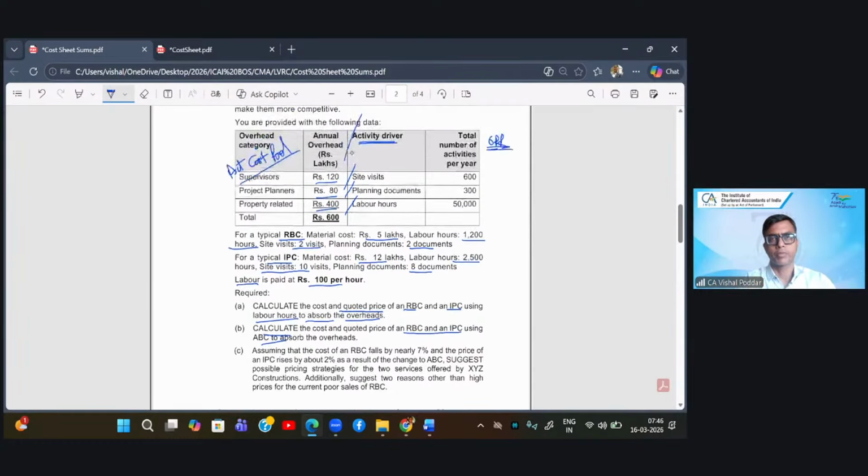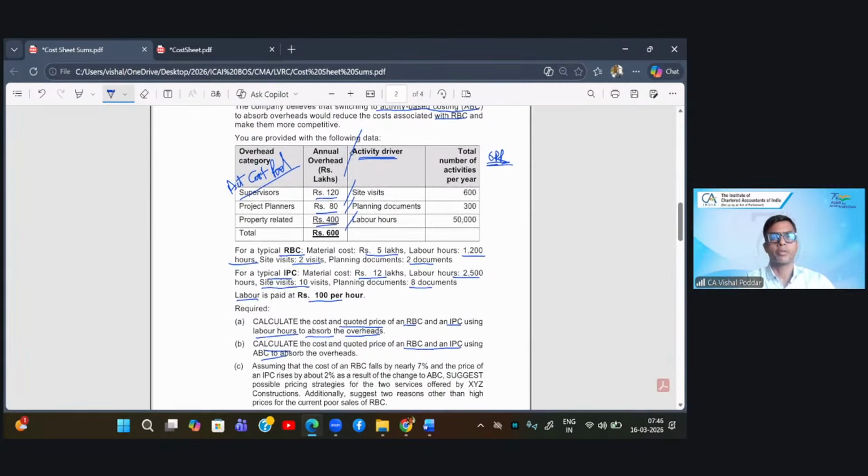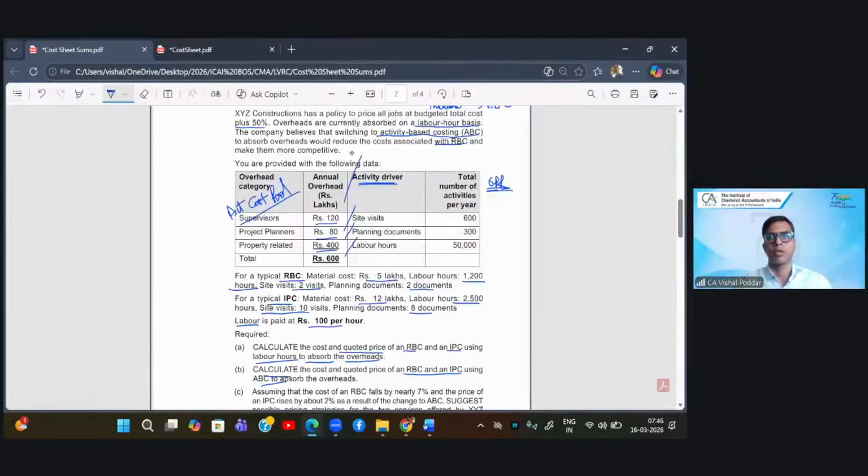Correct, students? I'm sure you all are well versed with both the approaches. So for both the approaches, you have to prepare cost sheet. But before preparing cost sheet, you have to find out the respective ORR or the charging rates of overheads. Correct?